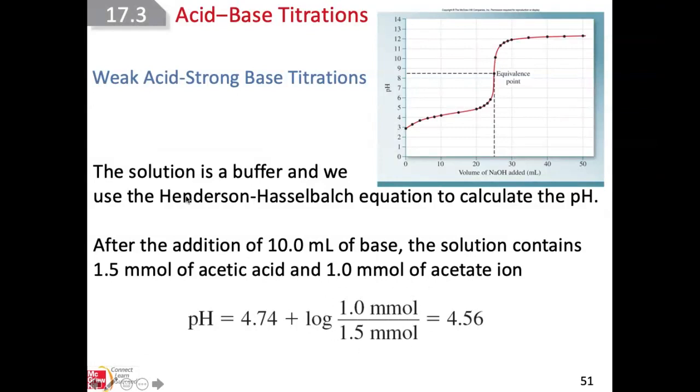We will put it into the Henderson-Hasselbalch equation, and we will calculate that the pH will be equal to 4.56. This will be prior to the equivalence point.